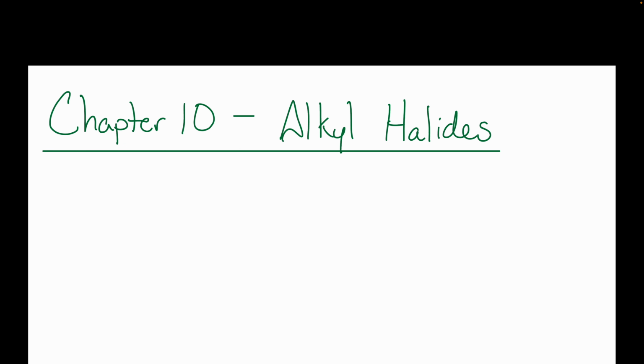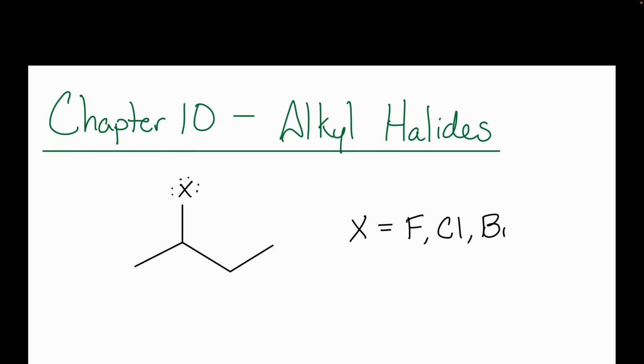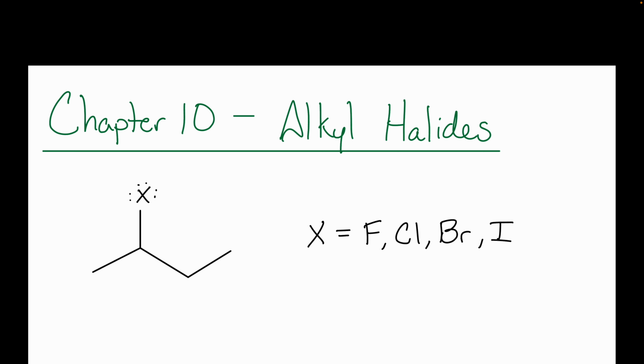All right, so an alkyl halide is when we have a hydrocarbon chain that has some halogen bonded to one of those carbons. All right, and our halogens here are fluorine, chlorine, bromine, and iodine. Any one of those would be considered an alkyl halide if bonded to a hydrocarbon.